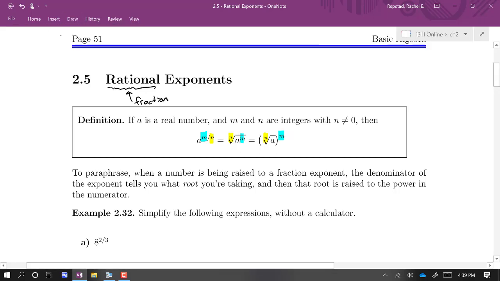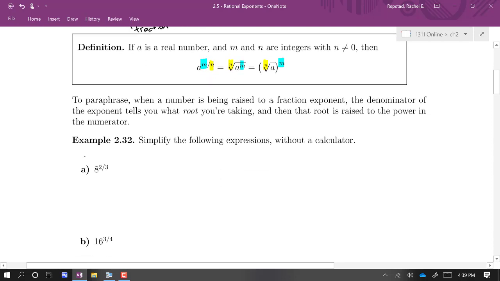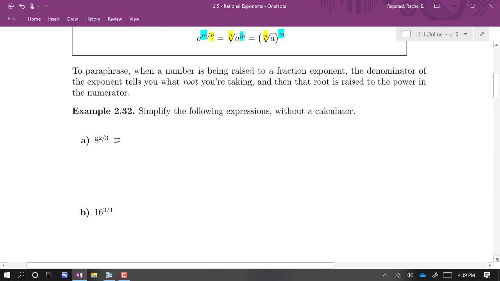So we're going to get a little practice evaluating. We're starting off with some numerical examples with convenient numbers that we can do without a calculator. 8 raised to the 2/3 power. More often than not, when I rewrite this, I'll write it as the radical first, which is then raised to the power.